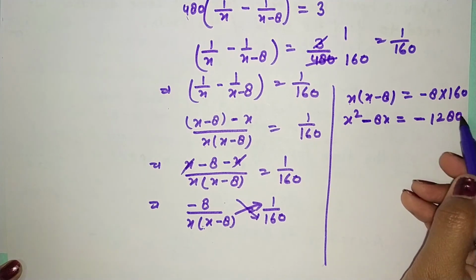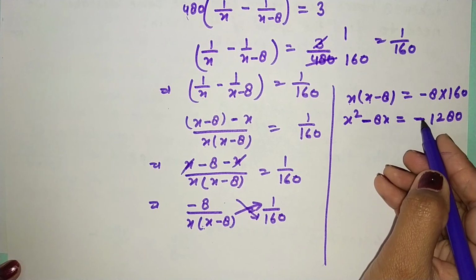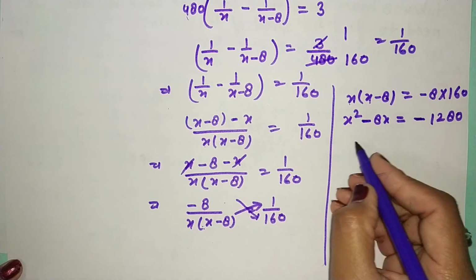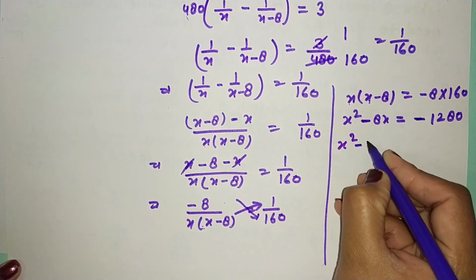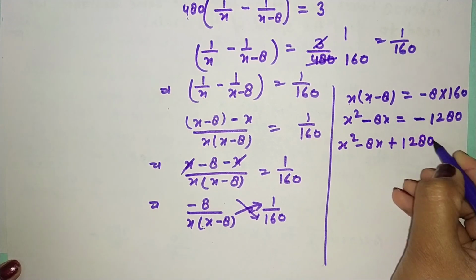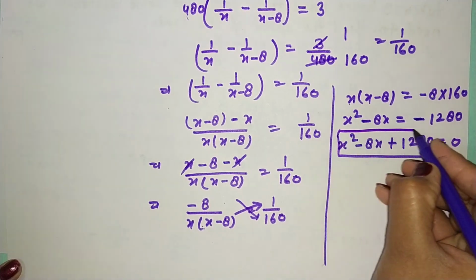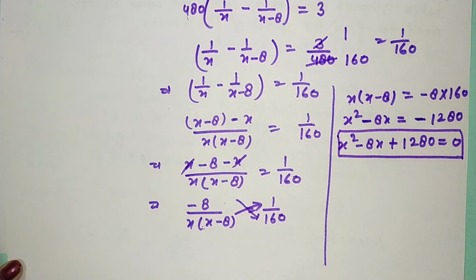Now we transfer 1280 to LHS, it becomes positive. x squared minus 8x plus 1280 equal to 0. Now this is a quadratic equation.